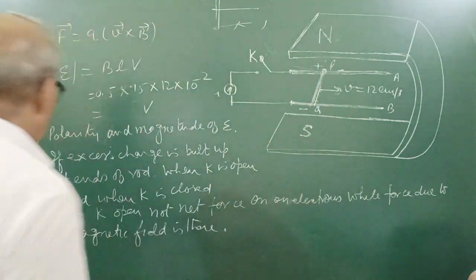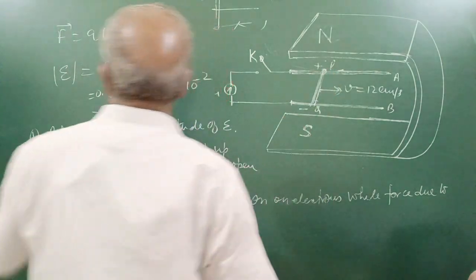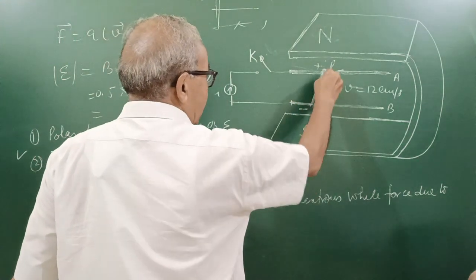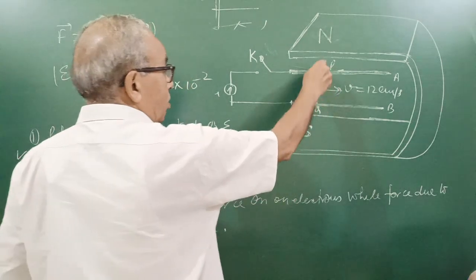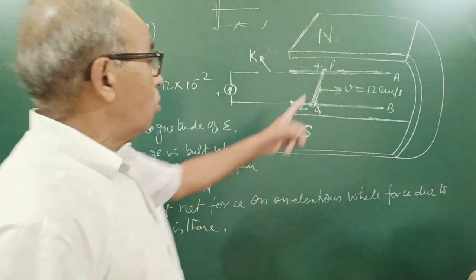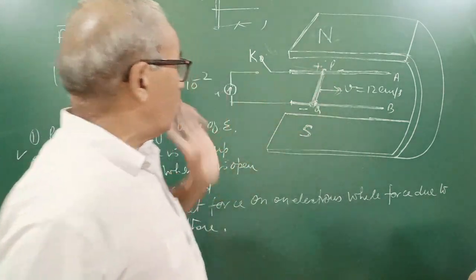If K is open, you can simply say it is okay. By this Lorentz force, negative electrons go this way and get collected here, and the deficiency of electrons created here gives positive charge. So excess charges are built up on the two ends: plus charge here, minus charge here, when K is open.